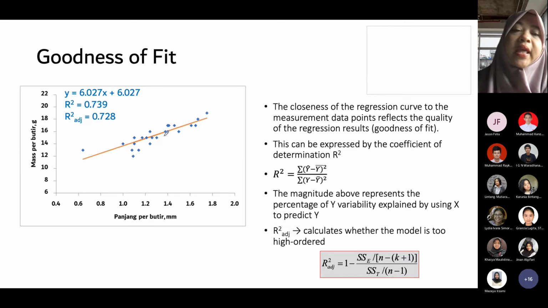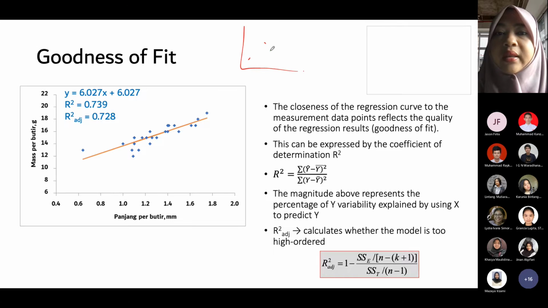However, sometimes if we make a higher order, for example, power 2 or power 3, the R square can be higher because it makes the model fit. For example, this is the linear R square.